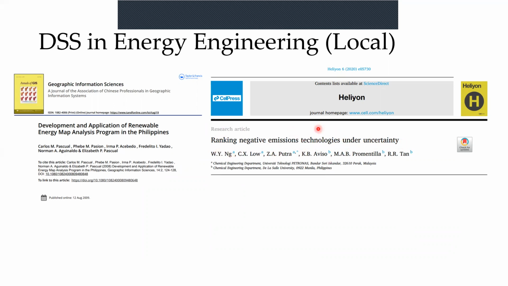Although these are not necessarily about energy engineering, we all know that a big amount of carbon dioxide is released due to power generation. So the negative emissions technologies are indirectly, or we can say directly, connected to energy engineering.